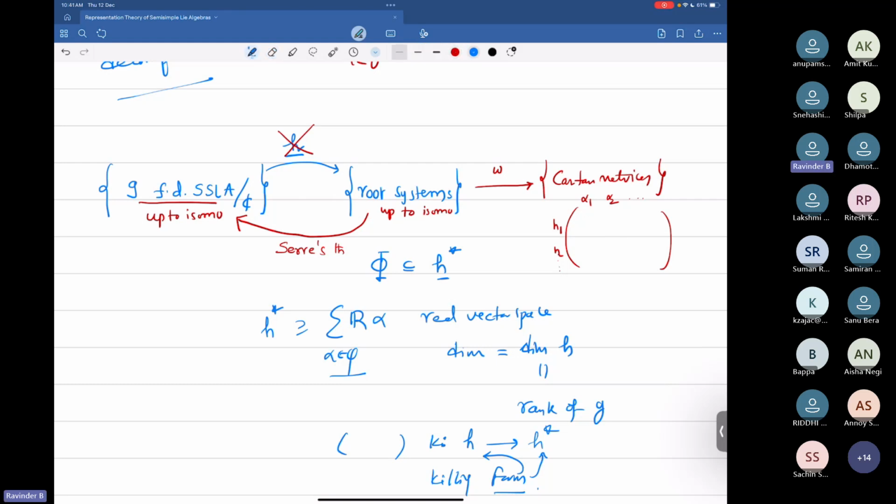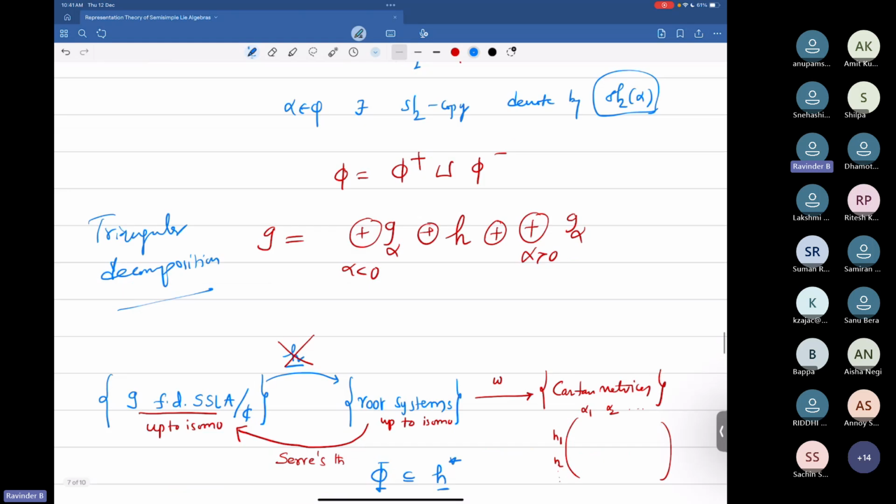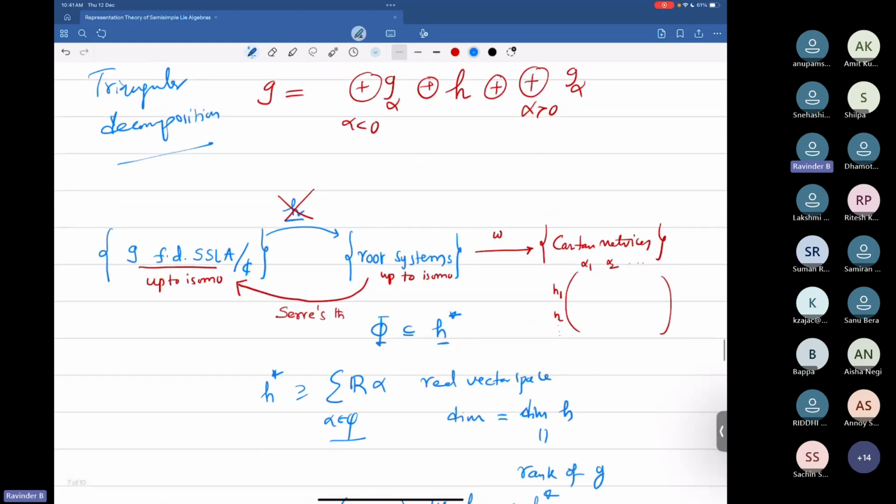Alpha 1 of H1 is 2, because that's the calculation we have done, since Hx is 2x. The general ijth entry looks like alpha j of Hi, which with respect to the form is the same as 2 times alpha j Hi by Hi Hi.